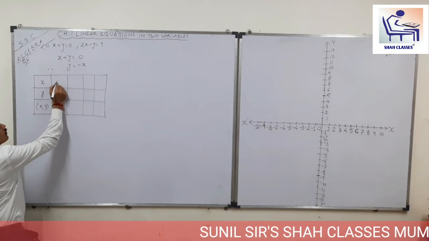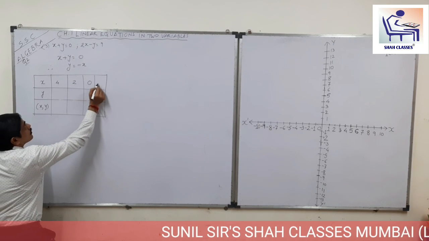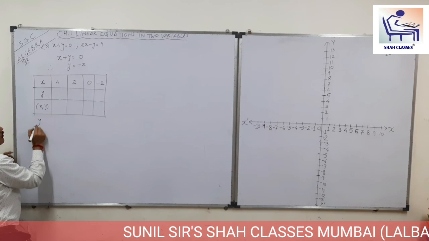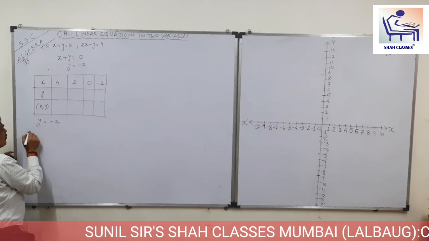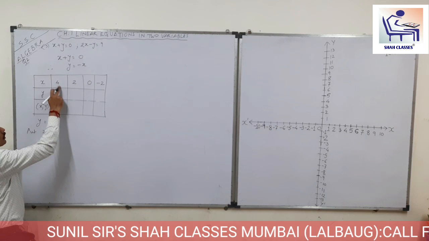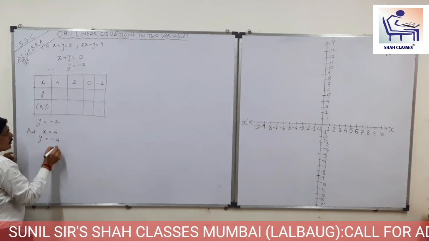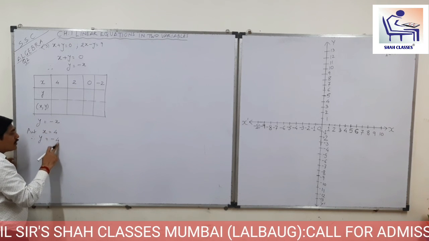Say 4, 2, 0, minus 2. Put x is equal to 4, y is minus 4.